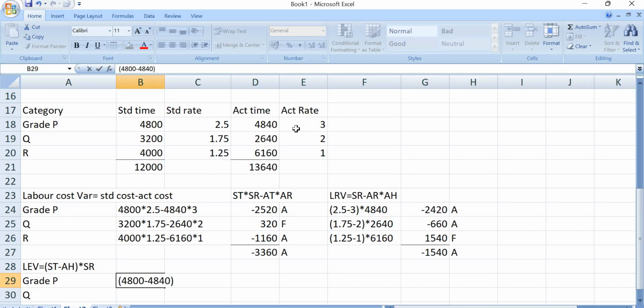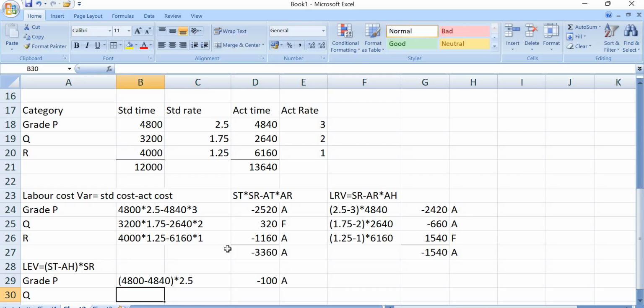If I am preparing this tabular column, then for calculating all the variances it will be very easy for me. So into standard time 2.5. So this is again adverse.